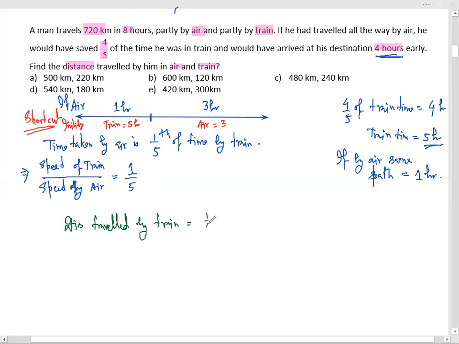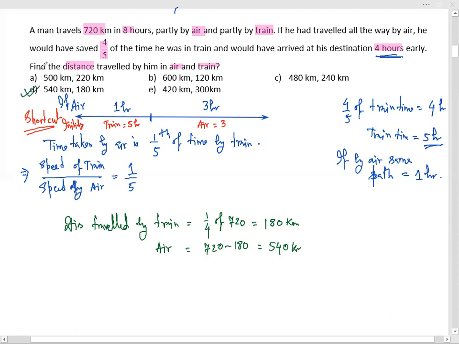So it should be 1 by 4 of 720, and that is nothing but 180 kilometers. And by air it should be the balance, 720 minus 180, so it is 540. That means 540 kilometers by air and 180 kilometers by train. So the answer would be option D in this case.